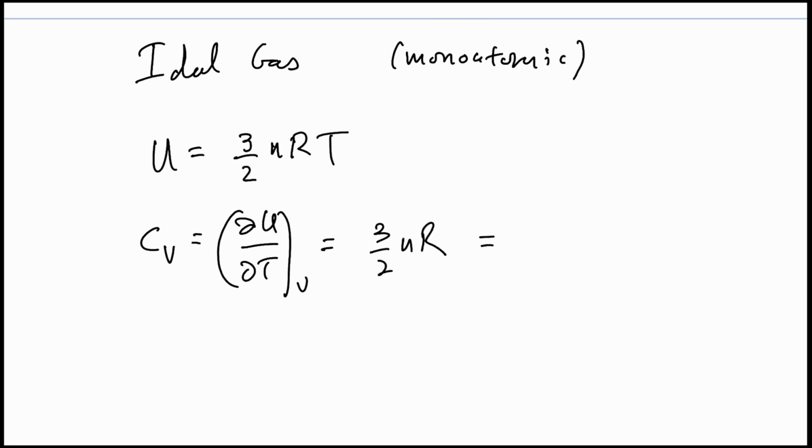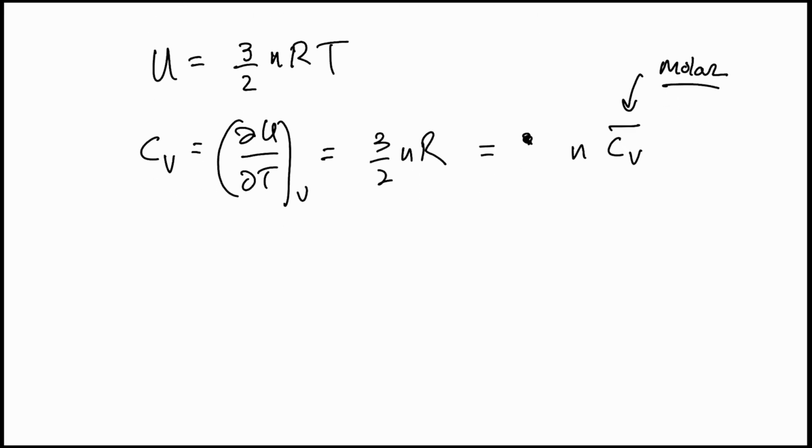We could write this as n times C sub V bar, and that bar is molar. Probably your book uses a notation for it, but I'm too lazy to figure out what it is. But you know what I mean. So the molar heat capacity of a monoatomic ideal gas at constant volume is 3 halves R, right?